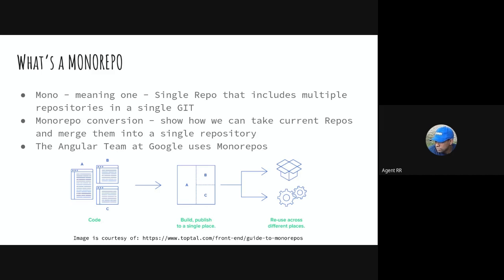Also, if you have configuration changes, it's easier to make those in a monorepo than in a polyrepo, because you would have to open up each instance or each Git repo and update that.